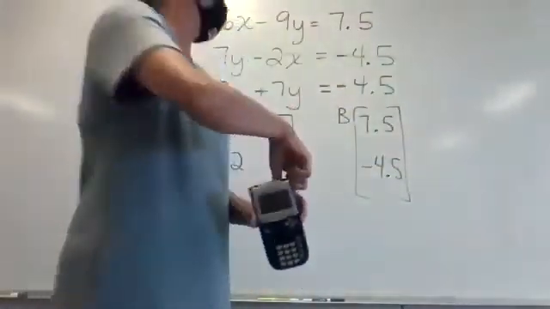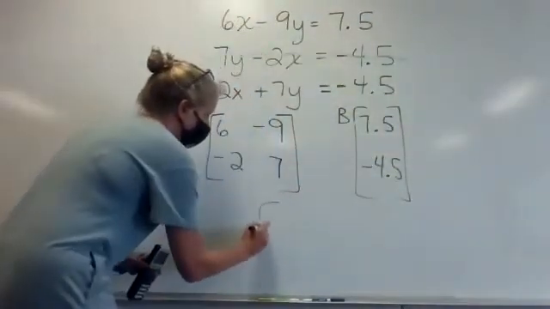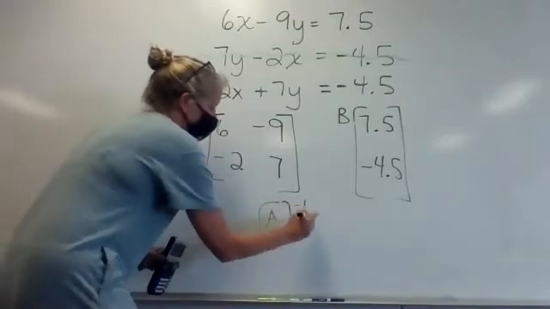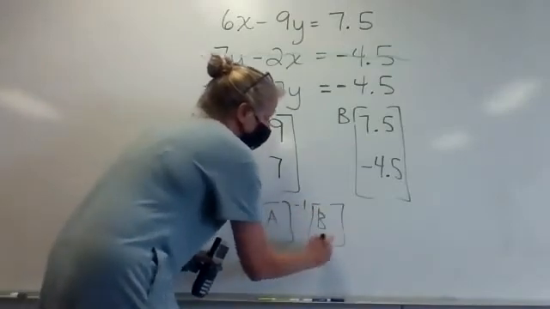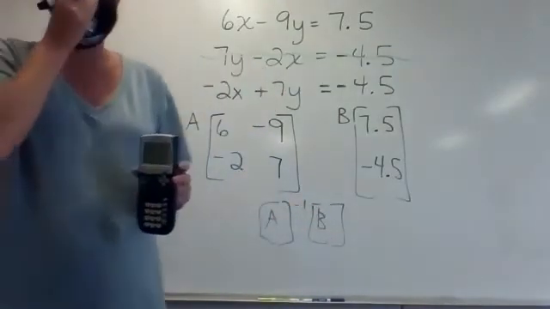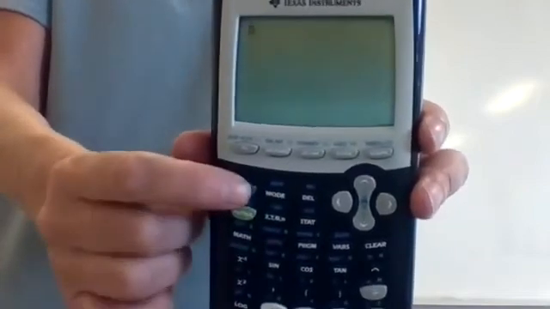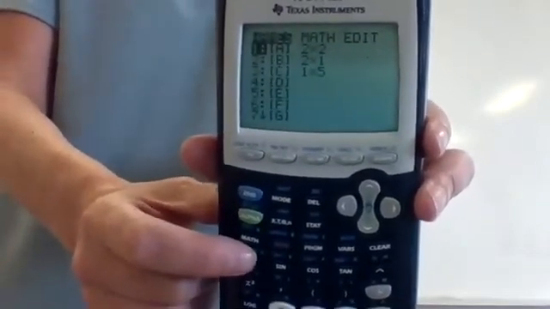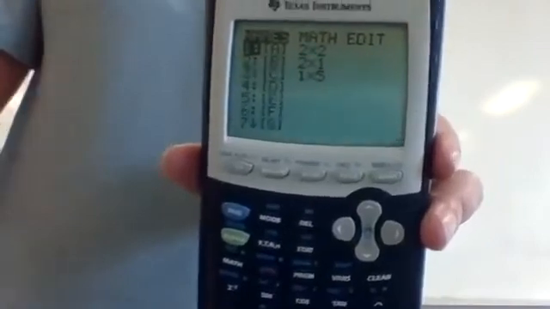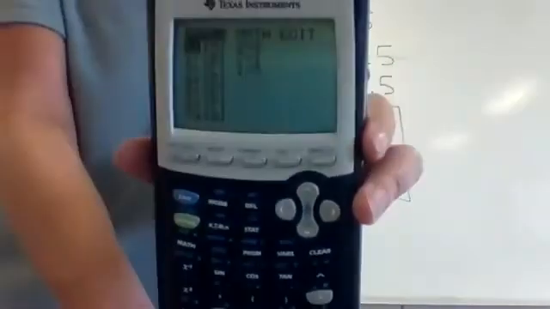And then remember the solving part is matrix A to the -1, matrix B. So I just like to second quit to go back to my home screen. So second matrix, I'm no longer editing, I'm using. So just hit enter.